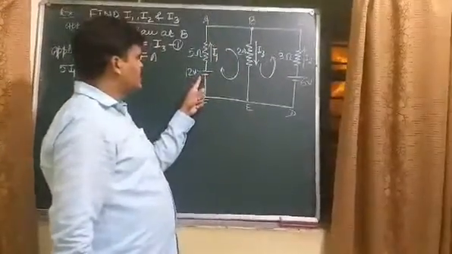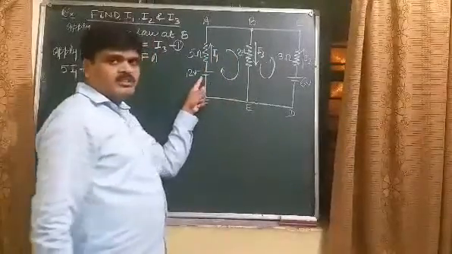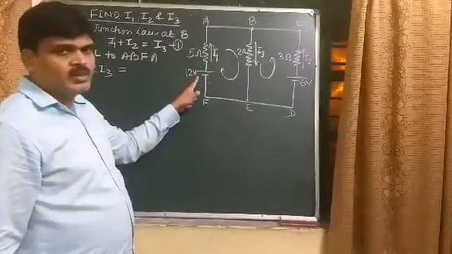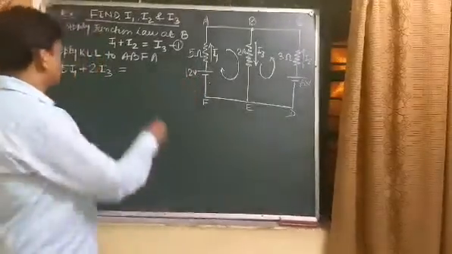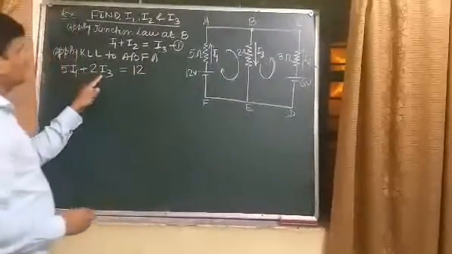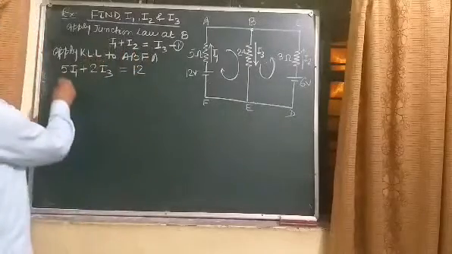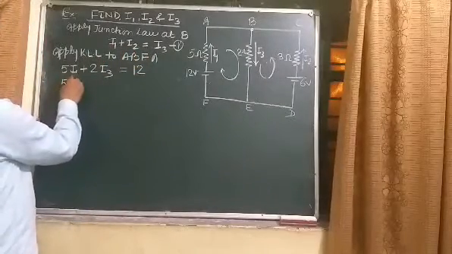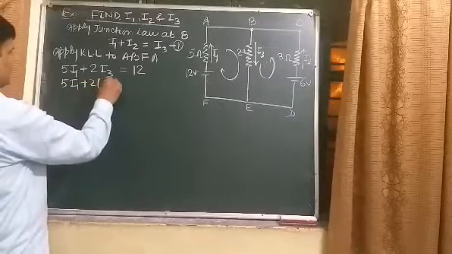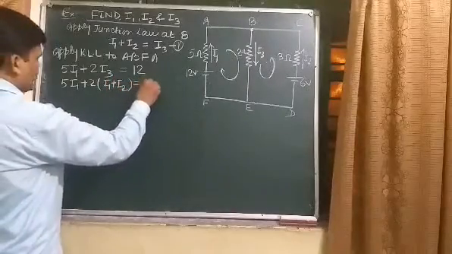only one cell is here and the direction of traversal is from the negative terminal of the cell to the positive terminal of the cell. So EMF is taken to be positive. So the potential difference is positive 12. Putting the value of I3 from equation 1, it can be written as 5 I1 plus 2 in place of I3, I1 plus I2, which is equal to 12.